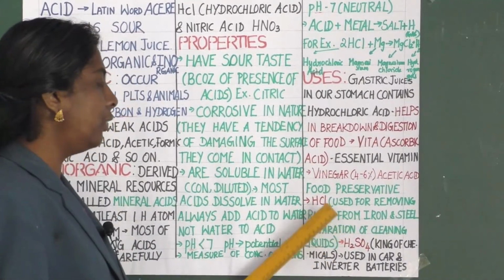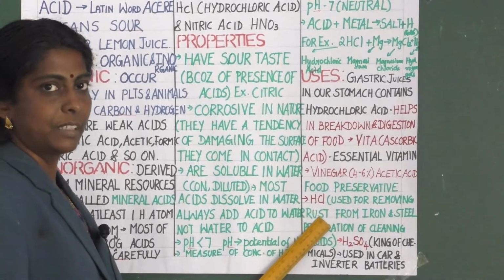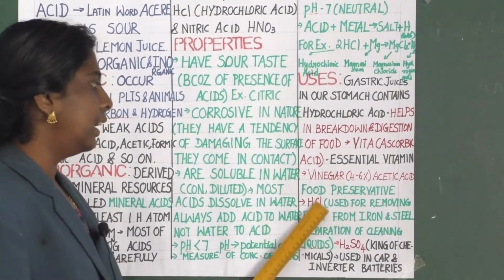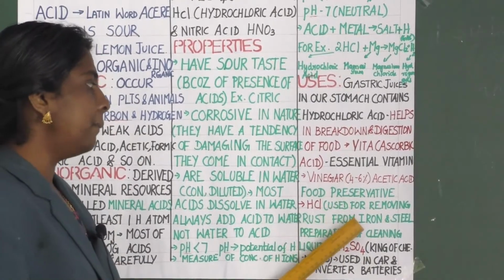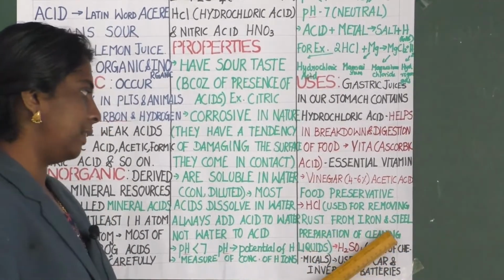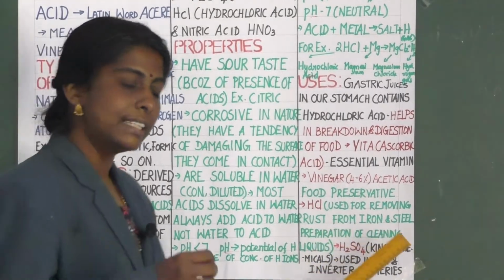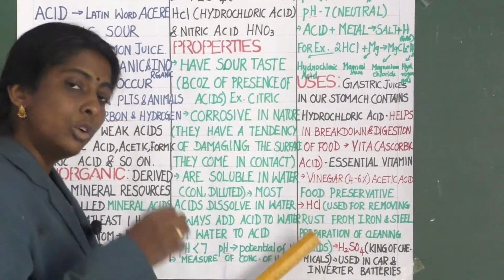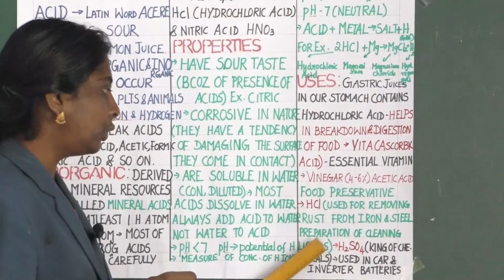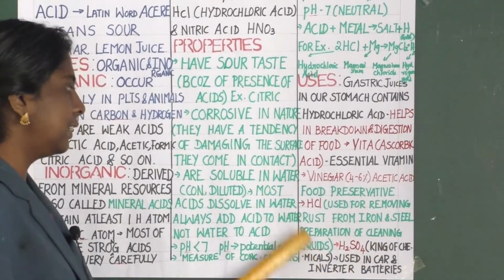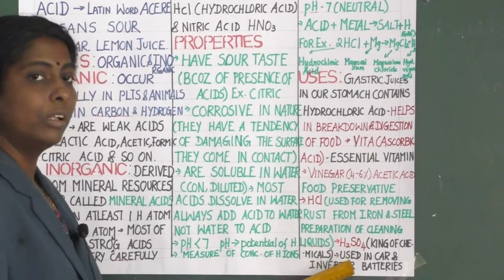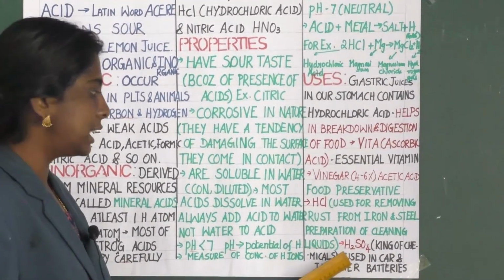Next is hydrochloric acid. It is used for removing rust from iron and steel, and it is also useful for preparation of cleaning liquids. The next thing is sulfuric acid, H2SO4.